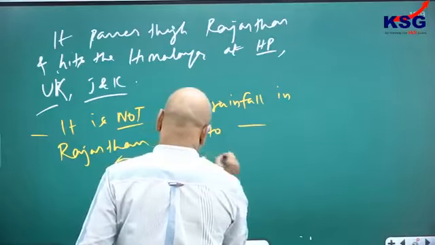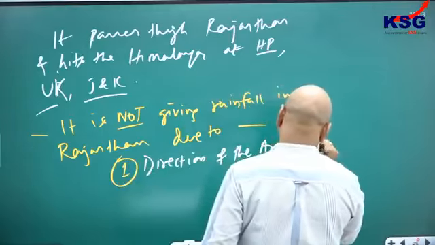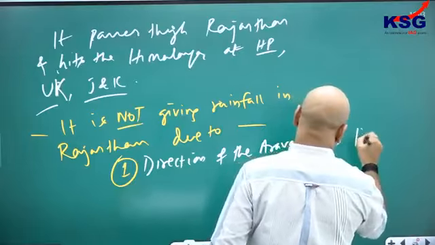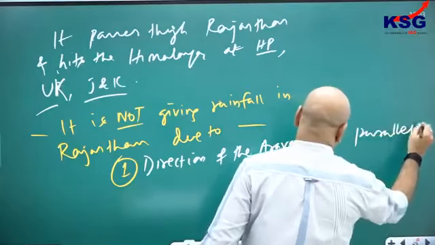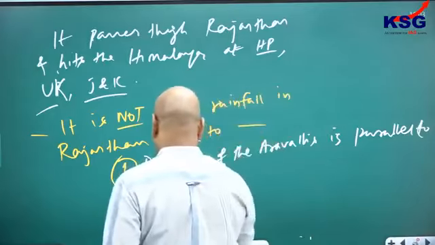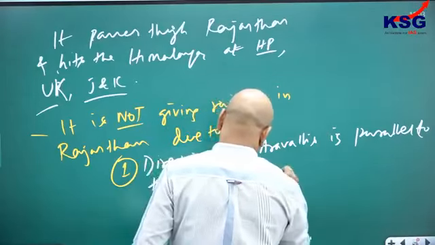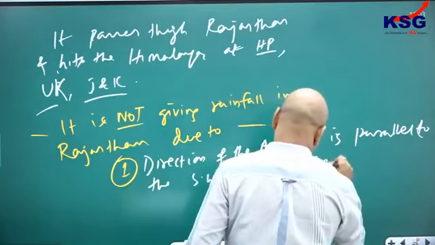The direction of the Aravallis is parallel to the southwest monsoon of the Arabian Sea branch.